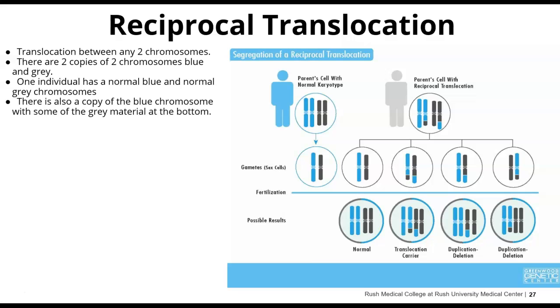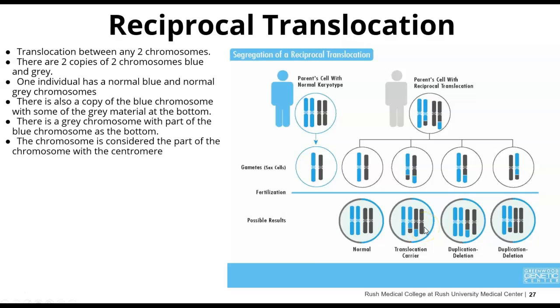When we're dividing our chromosomes, this person could give the normal blue and the normal gray, and when that fertilizes, the baby's normal just like the parent. Or it gives the blue with part of gray on it and the gray with part of blue on it. When you add this all up, you get 100%, so that's great.